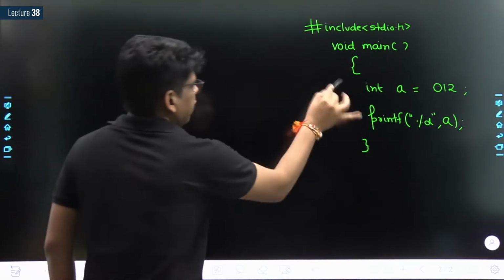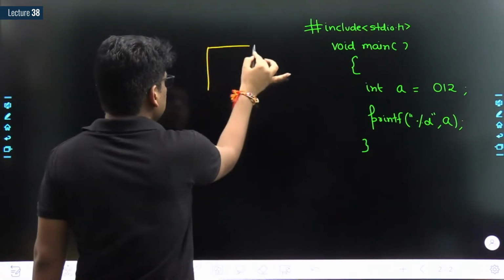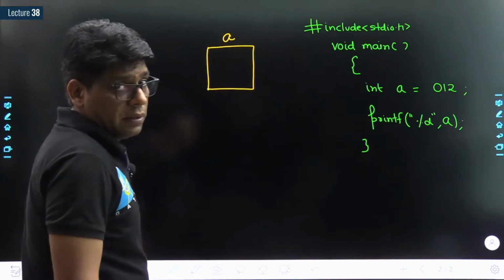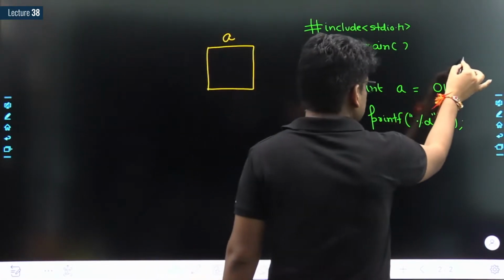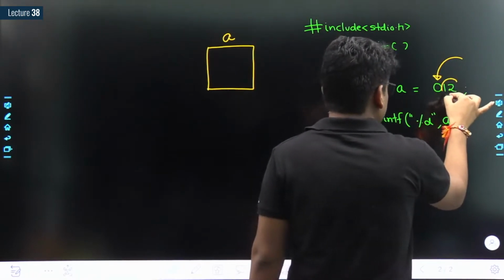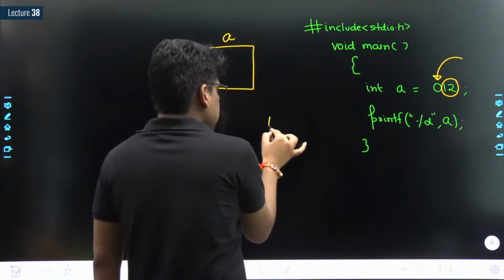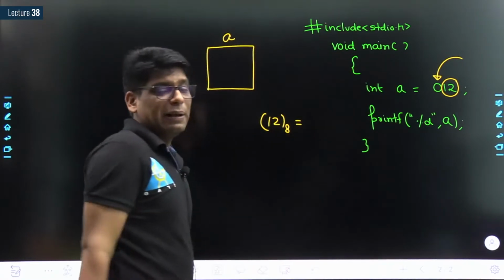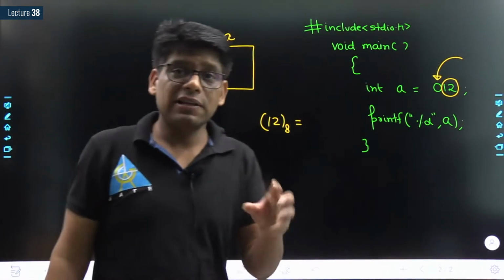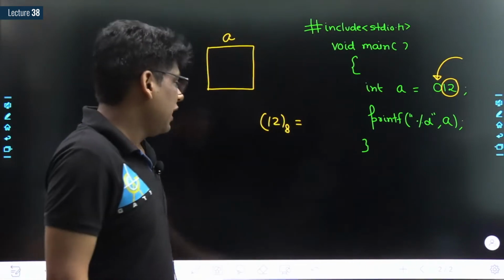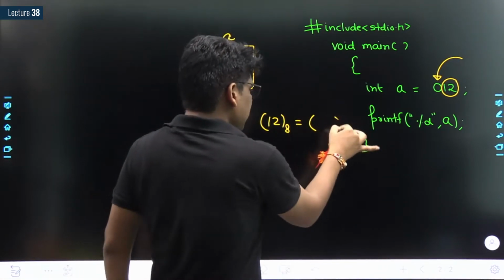Sir, by the first line, some variable is created. Okay. But when the compiler sees this prefixed 0, the compiler understands that 12 is written in octal. But by default, the compiler always works in decimal number system. So, if I ask you, what is the decimal value of this?